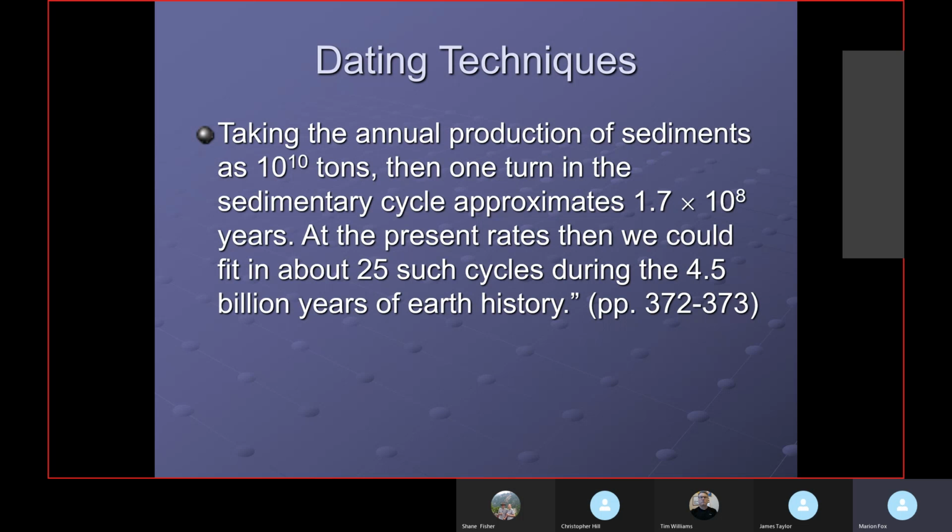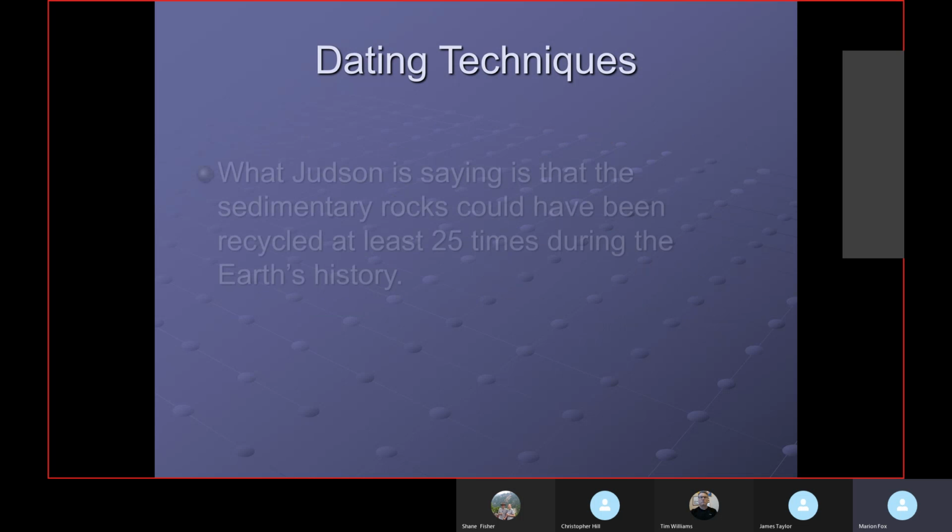At the present rates, we could fit in about 25 such cycles during the 4.5 billion years of Earth history. In other words, the sedimentary rocks should have been recycled 25 times at the rate we see. So we shouldn't have any sedimentary rocks. They would all have been recycled 25 times. There shouldn't be any of them anywhere near a billion years old.